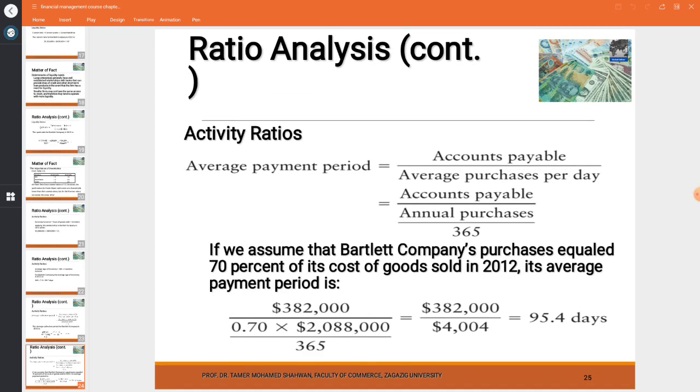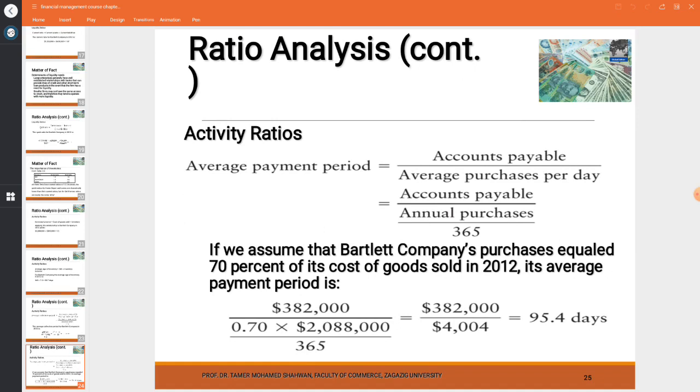Another ratio that could be used for assessing the activity is called average payment period. Average payment period equals accounts payable divided by the average purchases per day. Accounts payable exists in the balance sheet.